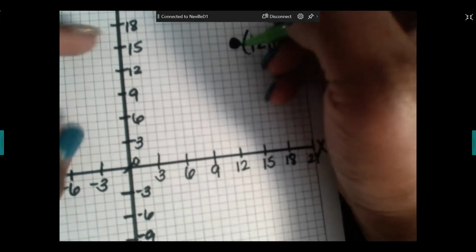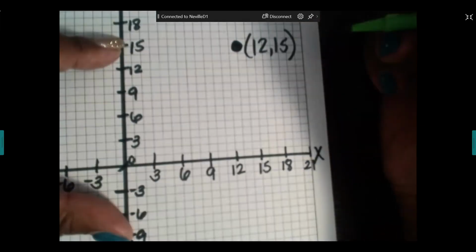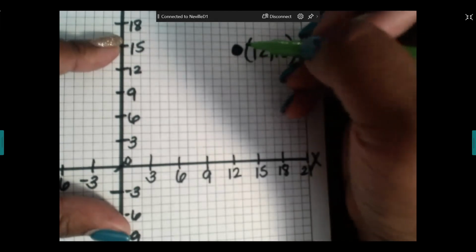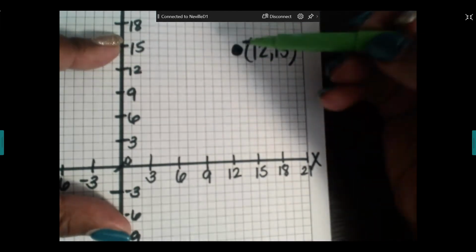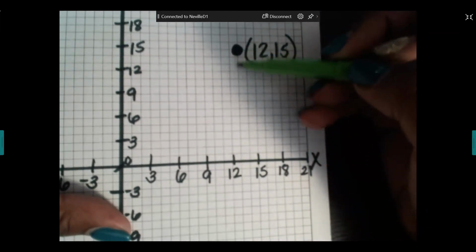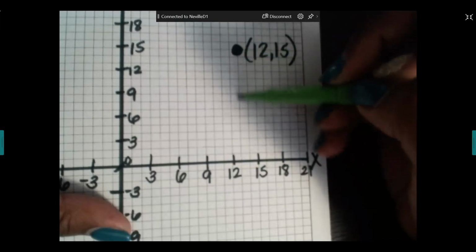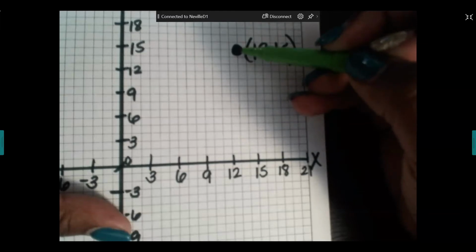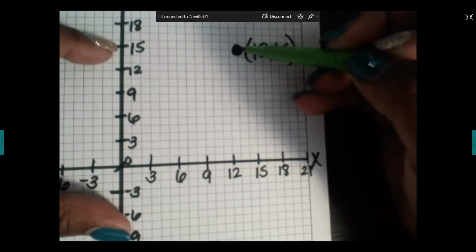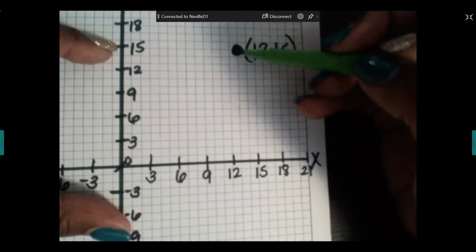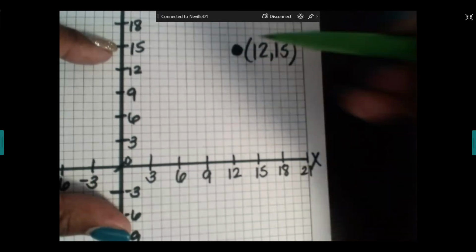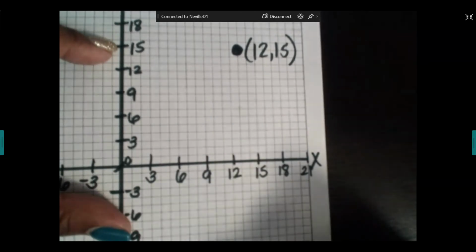Now, when we're flipping it over our x-axis, I want you to pay attention closely here. How many points am I up from the line? 12. Oh, I'm sorry, 15. You notice I'm 15 up from the line? So I've got to go the same distance the opposite way.